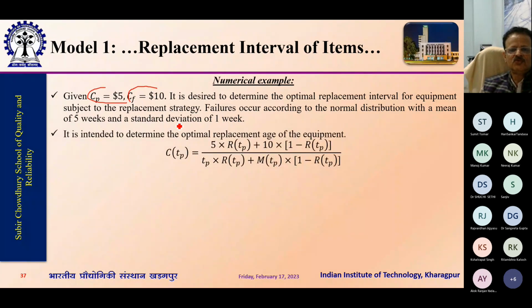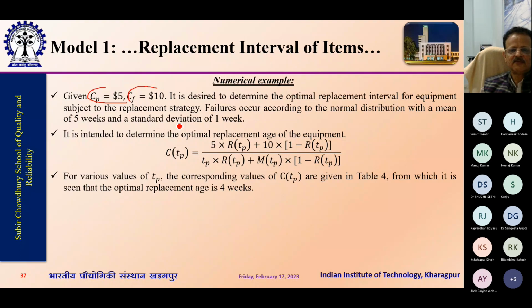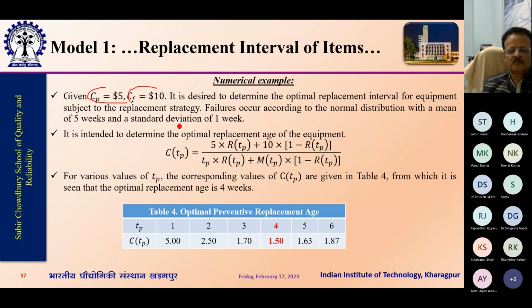So one can use this equation. So you'll get the cost at different intervals. So the fourth week appears to be the time at which the minimum cost per unit time will occur, which is $1.50.